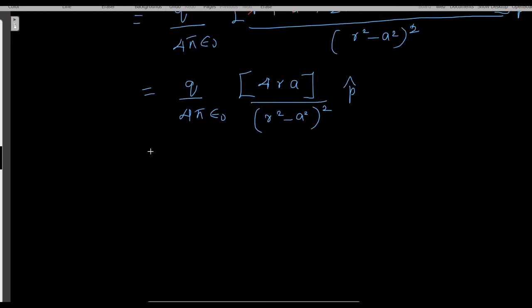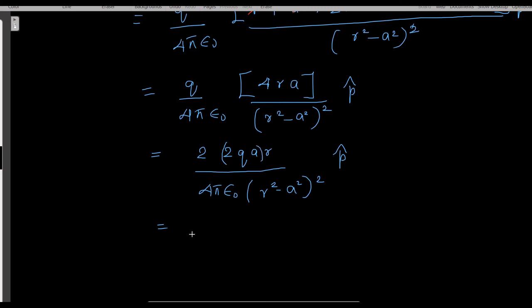Or again this can be simplified. I just take 2 out, then 2 into 2Qa R, that is 4QaR divided by 4 pi epsilon naught. We are not changing it, it has got a value. 1 by 4 pi epsilon naught is 9 into 10 to the power 9 in SI units. So divided by (R square minus a square) whole square, unit vector P. This is equal to, already we know 2Qa is the dipole moment.